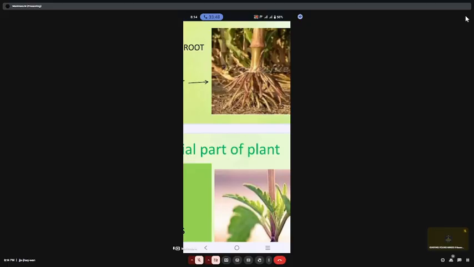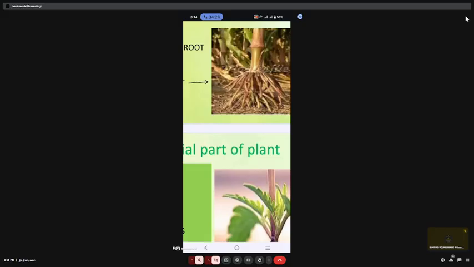What is root modification? The roots permanently change in their shape and store the food, which is called root modification.